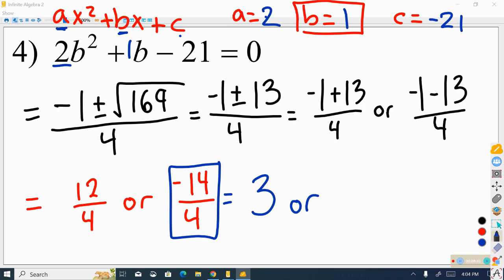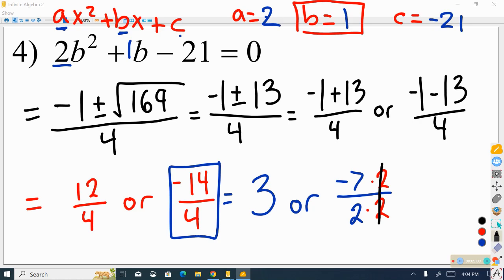So you'd want to be sure that you can take that 14 over 4 and reduce it to negative 7 over 2. That's because on top, negative 14 is the same thing as negative 7 times 2, and 4 is the same thing as 2 times 2. We would be able to cancel out these 2's, and you'd be left with negative 7 over 2. So there's where we get our 2 answers.